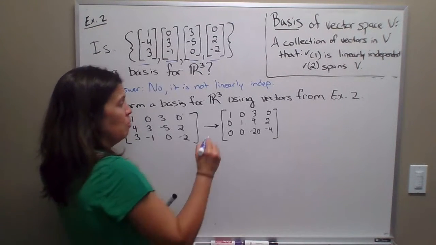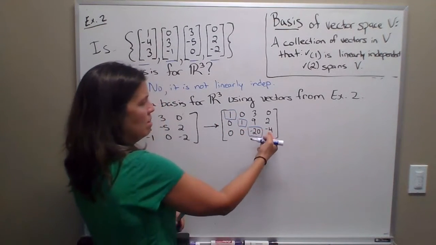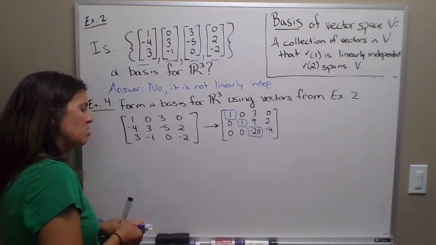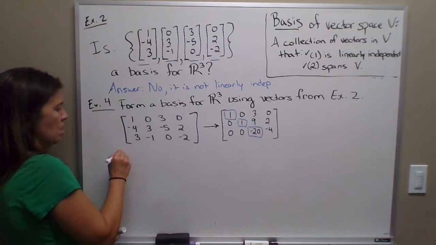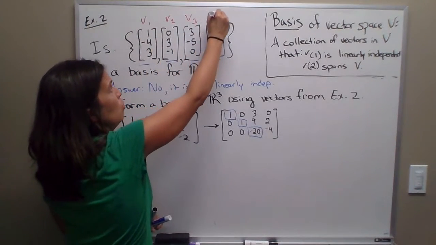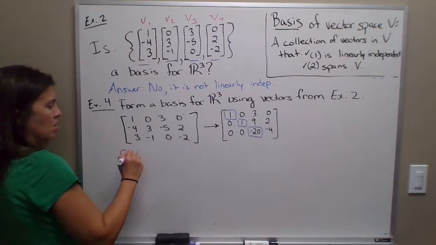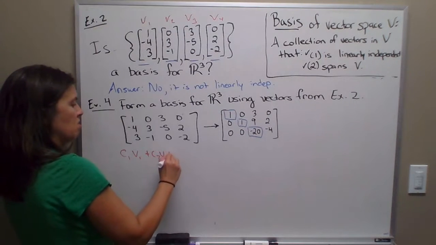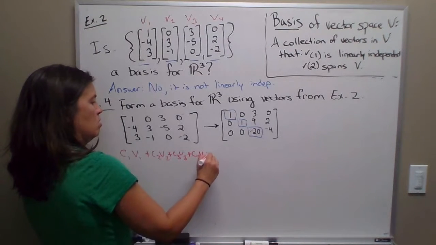We see now that we have a pivot in columns 1, 2, and 3, and we have this non-pivot column in column 4. So this tells us, if you think in terms of the definition of linear independence, where we call these vectors v1, v2, v3, v4, then the homogeneous equation c1 times vector 1 plus c2 vector 2 plus c3 vector 3 plus c4 vector 4 equals the 0 vector.